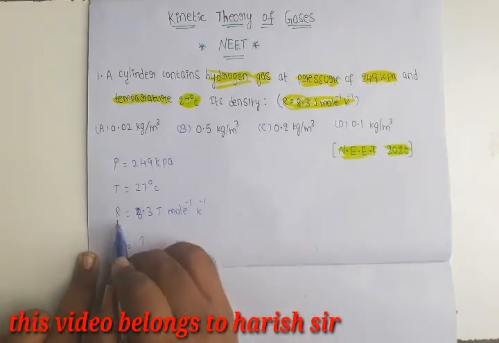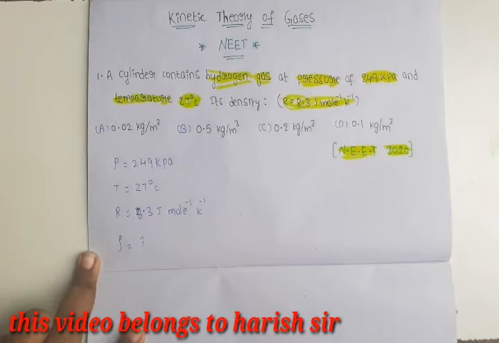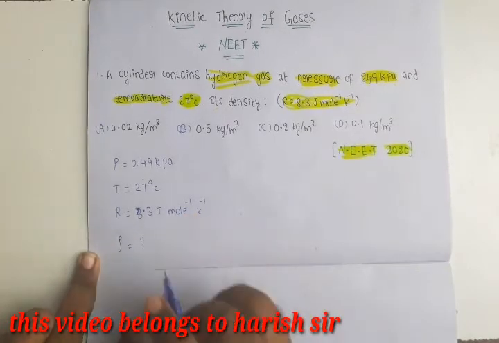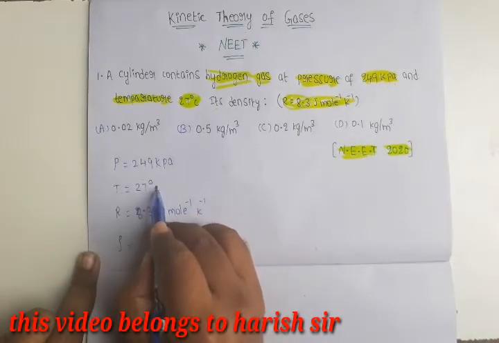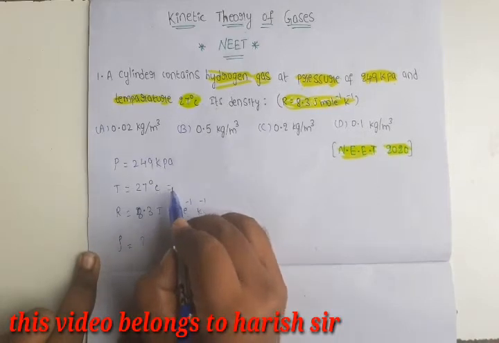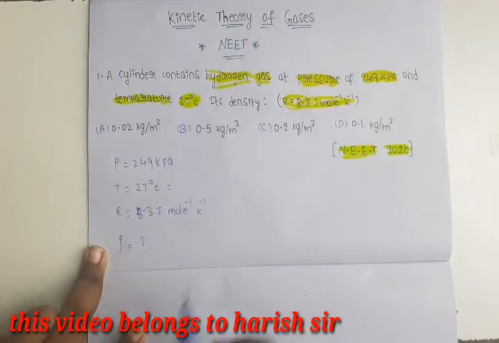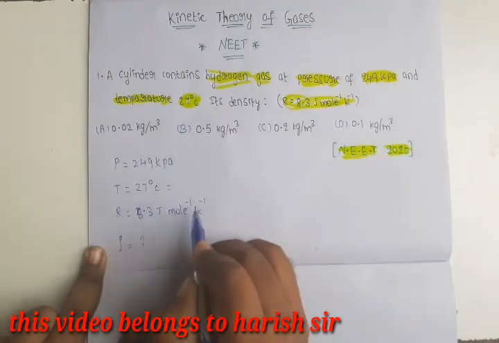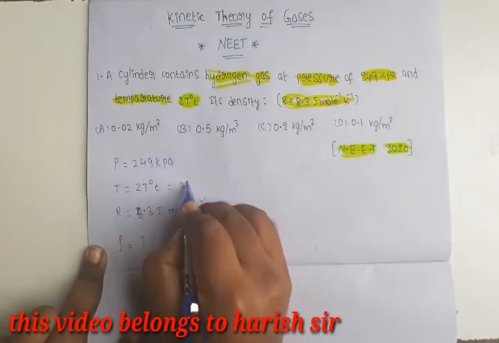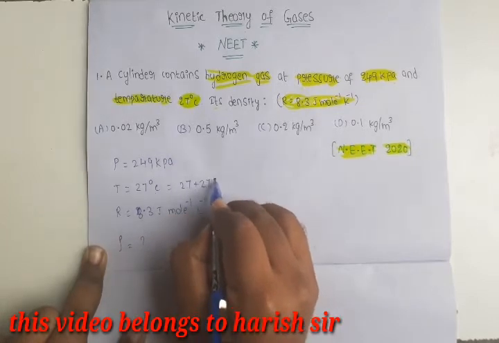Okay. Here universal gas constant units are mole inverse Kelvin inverse, but here temperature is centigrade. So converted into Kelvin, what happened? How you convert degree centigrade into Kelvin? Plus 273.